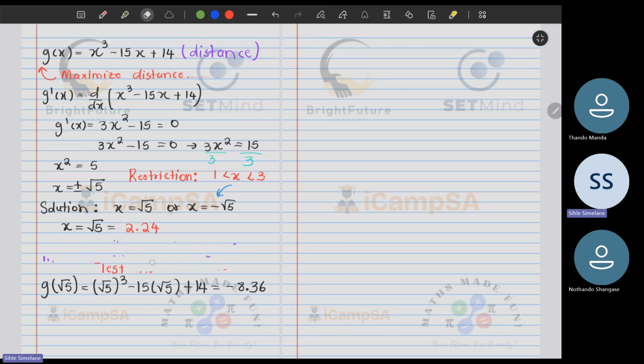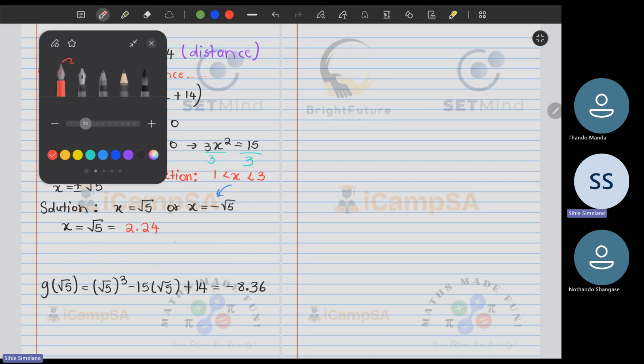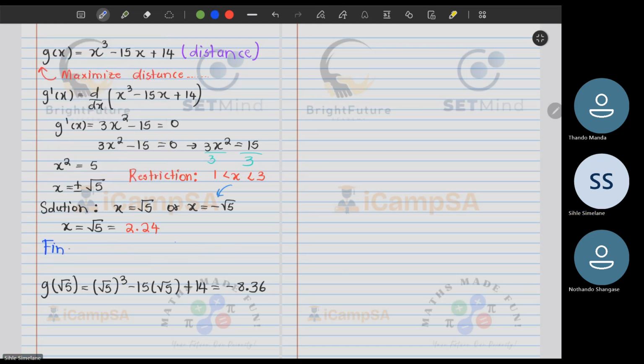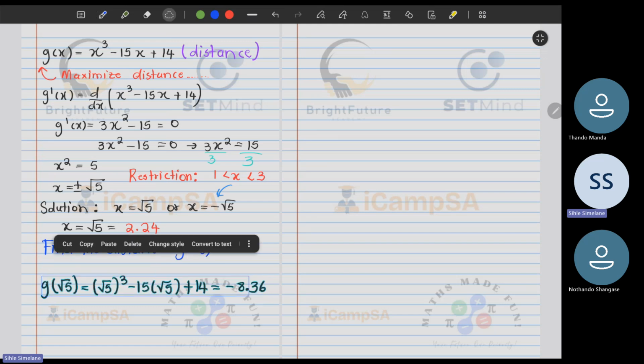So all we need to do now is find the distance by subbing in, which we have done. So what we are supposed to do is find the distance, which is just g at square root of 5. And if you look carefully, we get negative 8.36.